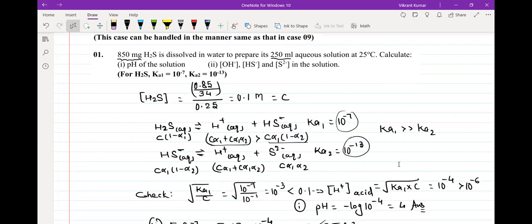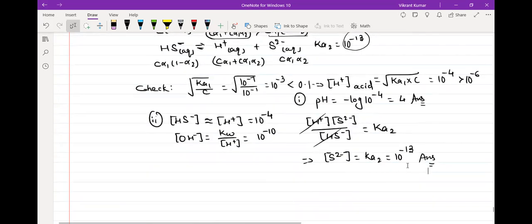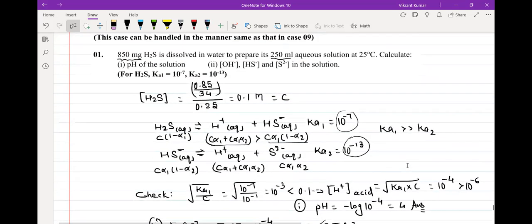Okay, so the point was that HS minus, look, once we have calculated sulfide as 10 raised to minus 13, what does it mean? Out of those 10 raised to minus 4 moles per liter HS minus, only 10 raised to minus 13 is undergoing ionization, right? We can definitely ignore that.